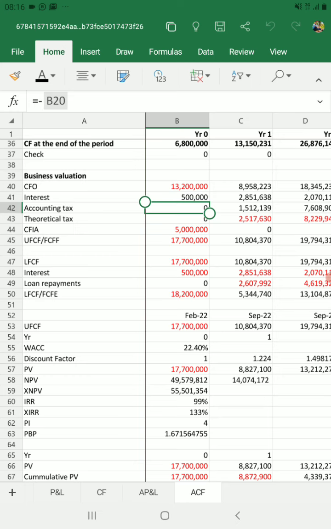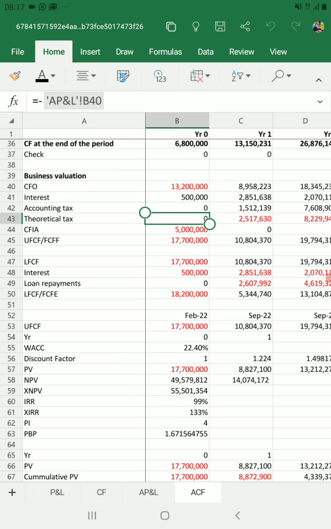And then after adding back accounting tax, we deducted theoretical tax, and that is the tax that is computed after taking back interest payment. So it's basically the tax rate that is computed on earning before interest and tax.